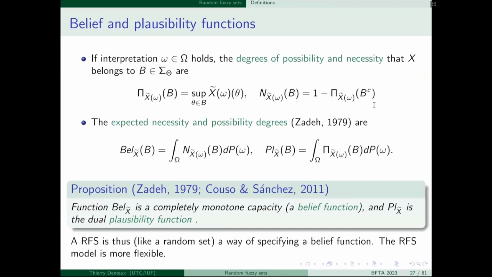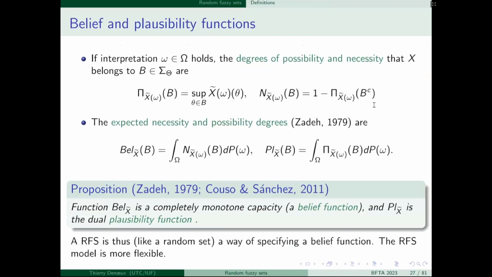It's completely monotone, and Pl is the dual plausibility measure. This was shown by Zadeh in a paper that has been a little bit overlooked, a 1979 paper. It was not published in a journal. I think it was a little bit obscure, but actually he had this idea already. But he proved it only in a very special case, and this was proved in a more general case in a more recent paper. So a random fuzzy set, just like a random set, is a way of specifying a belief function.